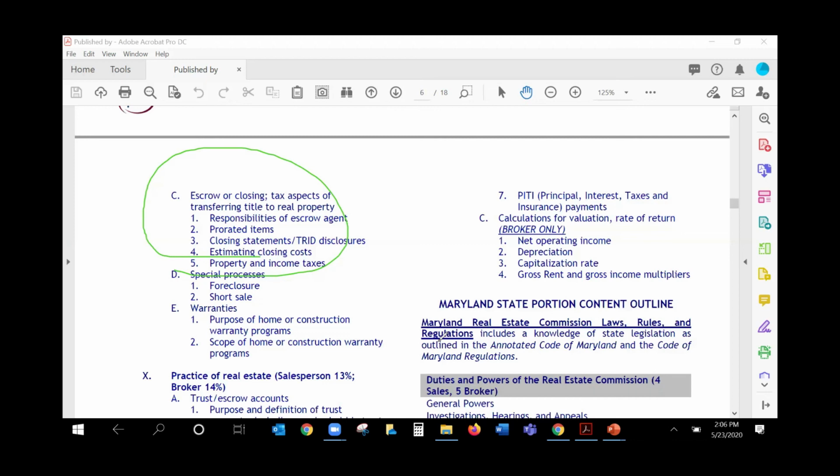On page 265, sentence number 4: the loan estimate form must be provided to the consumer 3 business days after loan application. You need to remember that.